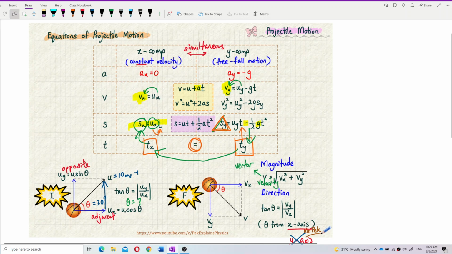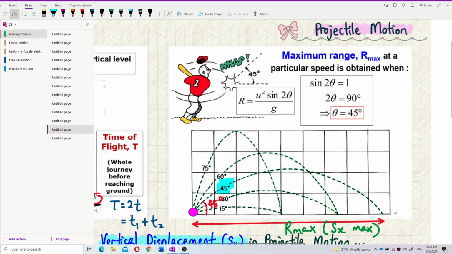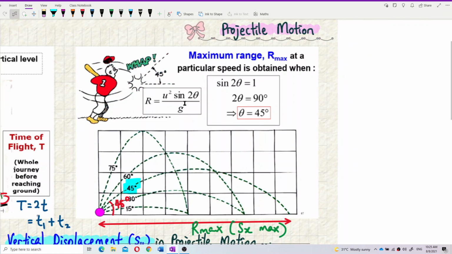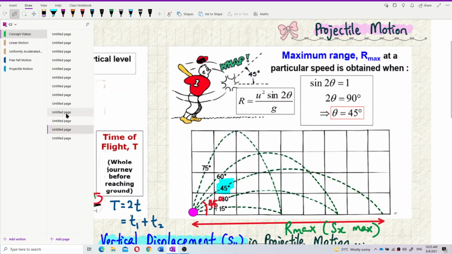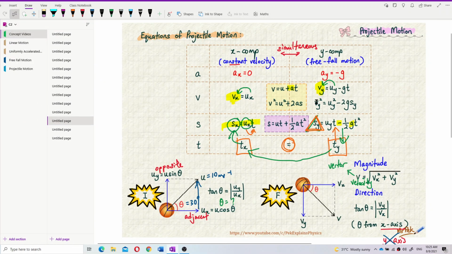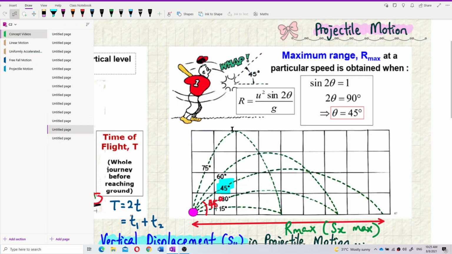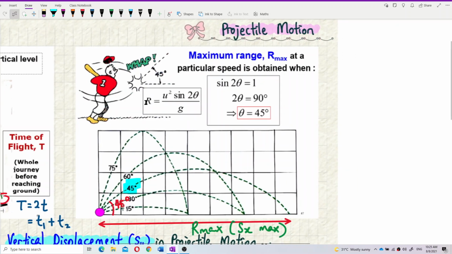I won't show here how we derive this formula, but you can derive it out of the kinematic formulas you learned before. Maybe this is one exercise you can do on your own: the relationship between the range and the angle theta.